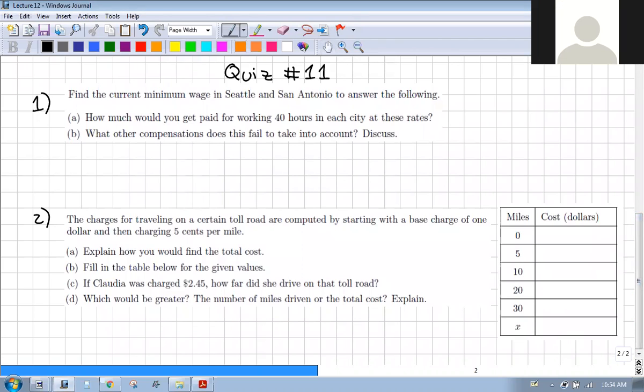Find the current minimum wage in Seattle and San Antonio to answer the following. All right, did y'all look that up? Let's see. Do some Googling here. Minimum wage in Seattle.